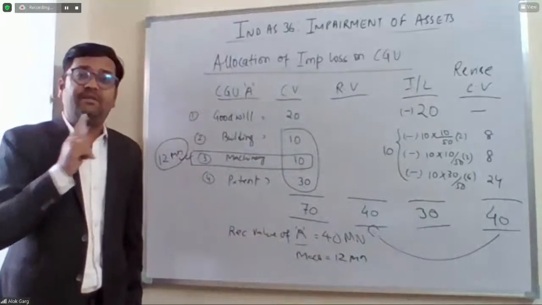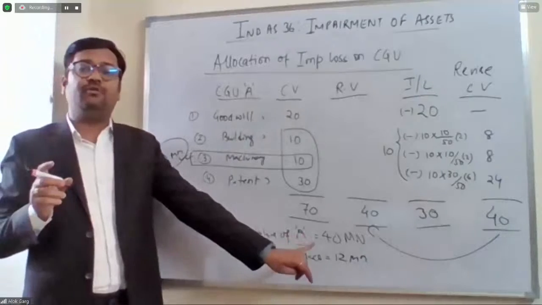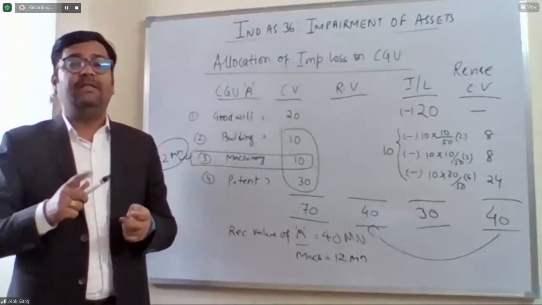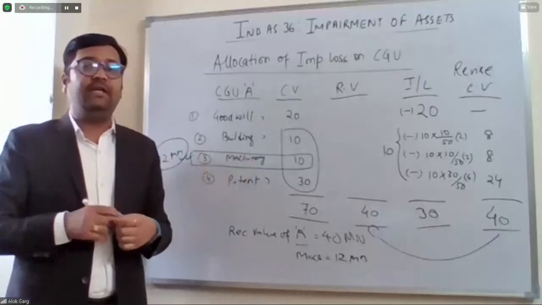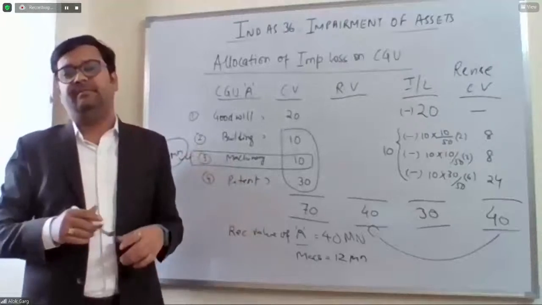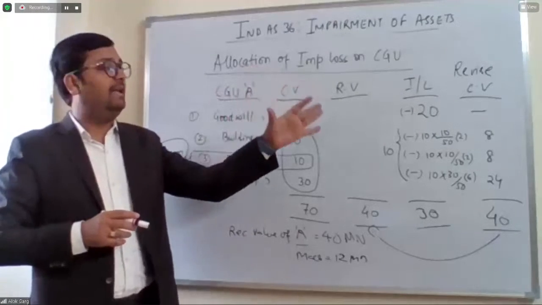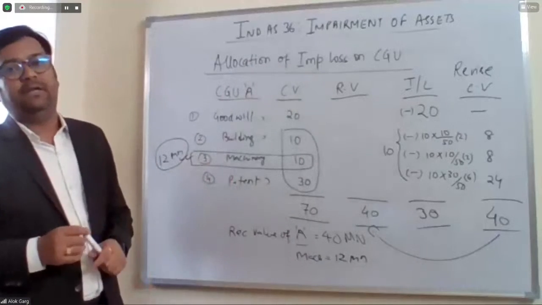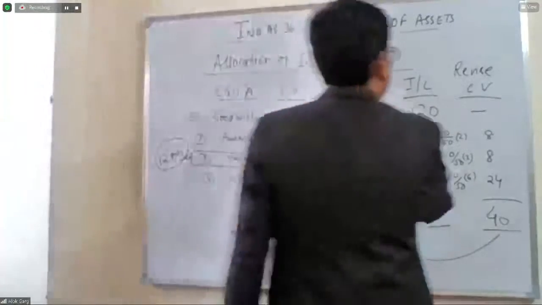So I have revised my question and told you that the recoverable value of CGU A is 40 million, but one more piece of information is also given: the company can identify the recoverable value of machinery and it is 12 million. Now, what will be the revised carrying value? What will be the revised impairment loss? Tell me how to allocate the impairment loss.